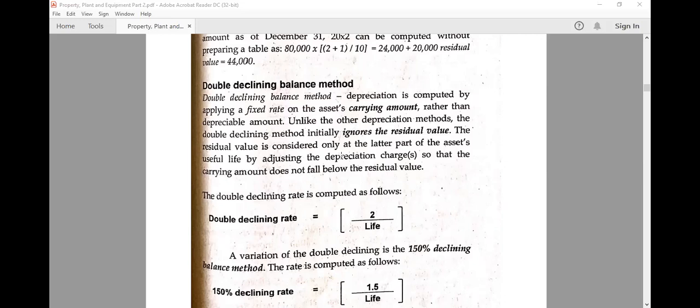So for SYD, remember, to get the depreciation expense, that is our depreciable amount multiplied by the SYD fraction or rate. For declining balance, that would be the carrying amount, ignoring the residual value, times whatever is the constant rate.